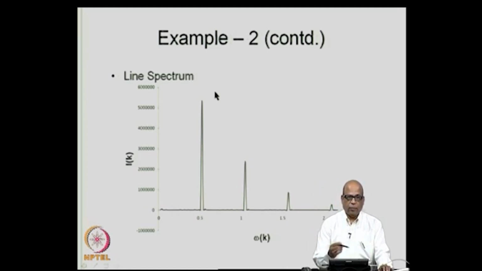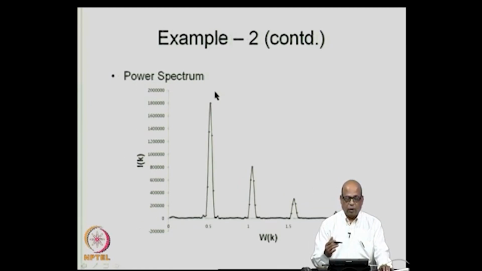This is the line spectrum, which is an inconsistent estimate, and then we also provide the power spectrum. As you can see between the line spectrum and the power spectrum, this is a slightly more smoothened version of the spectrum, where you have a slightly broader and smoother band around which the contributions to the variance are prominent.